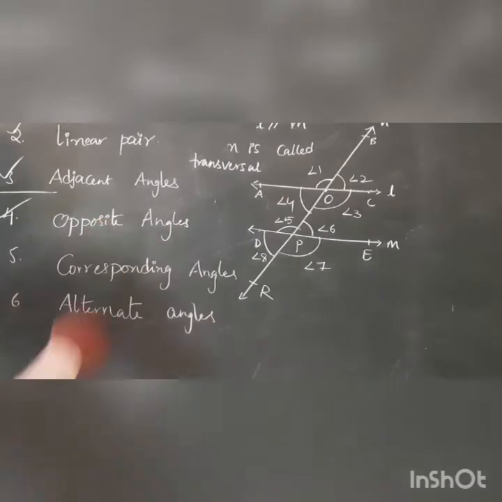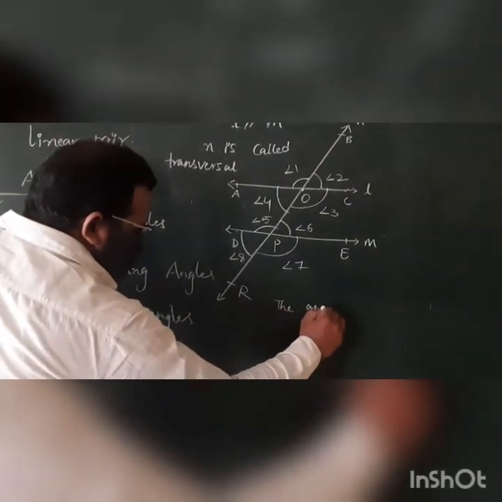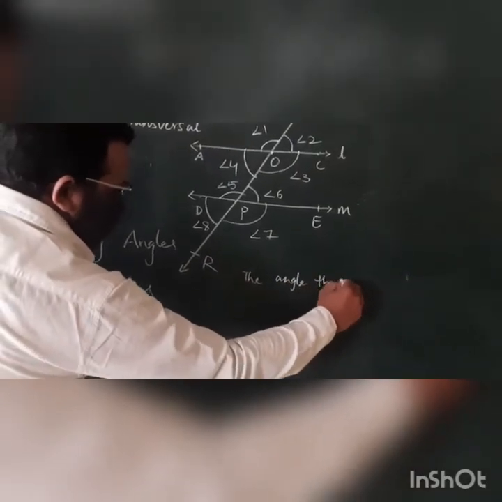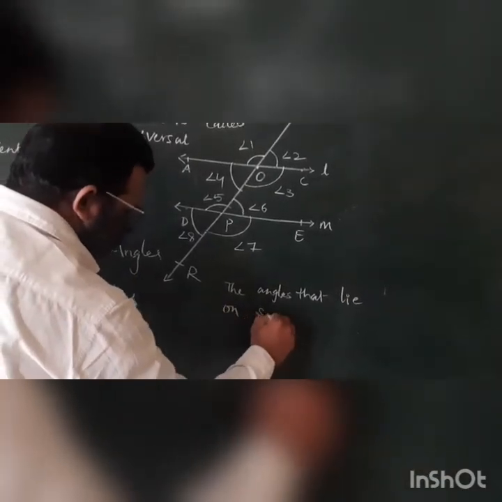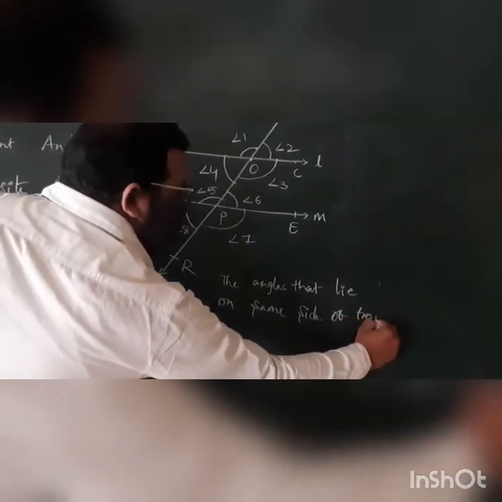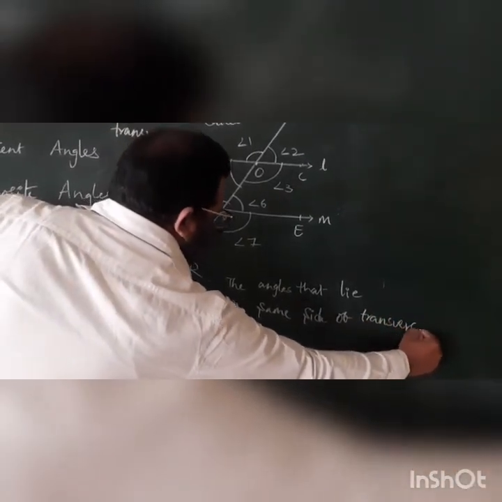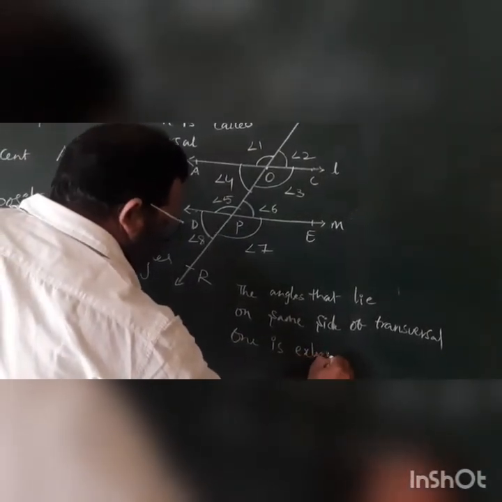What are corresponding angles from this? According to the definition of corresponding angles, the angles that lie on the same side of the transversal, one exterior and the other interior, are called corresponding angles.